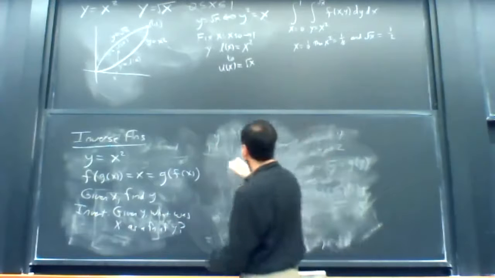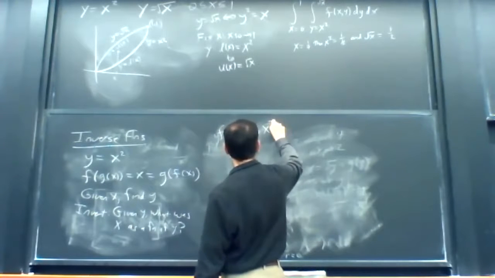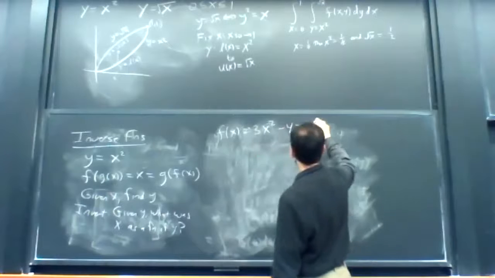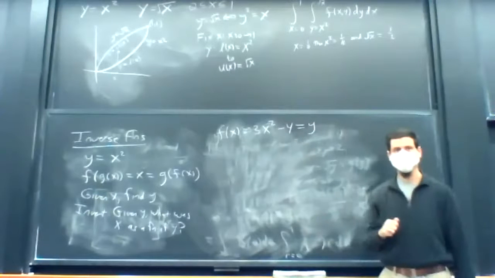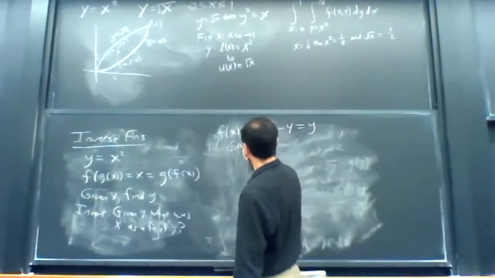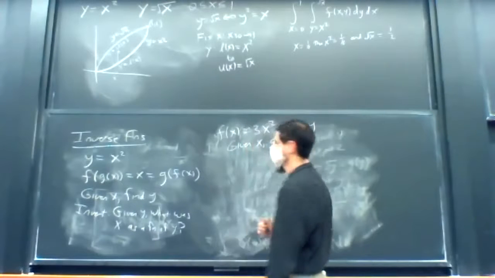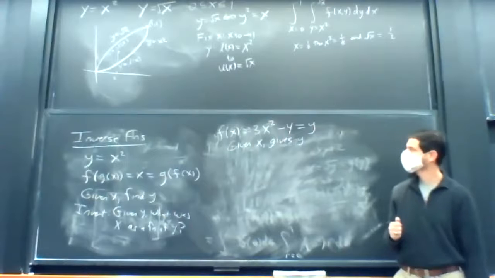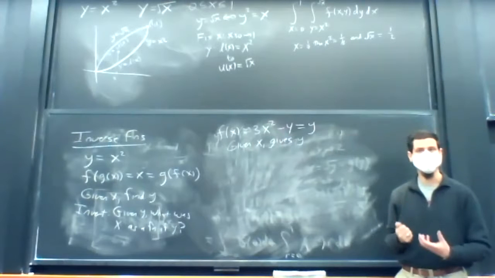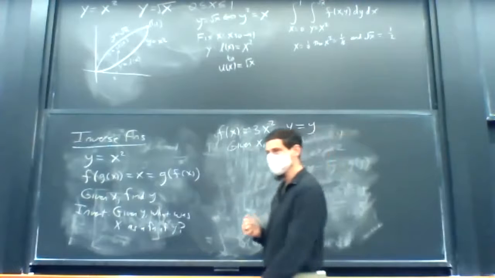Let's consider f of x equals 3x squared minus 4 is y. So given x, this gives us a y. To invert, we want given y, what is x? What might be a problem here?